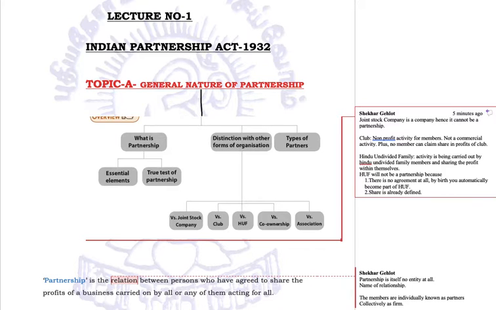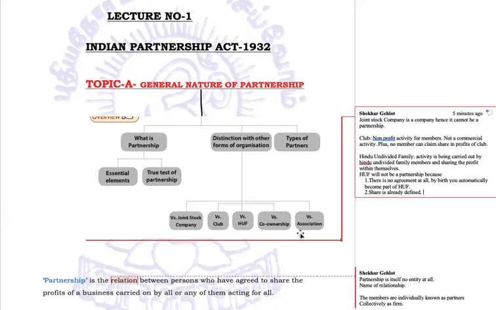Their share is defined by the share held by the father. They cannot add or reduce their share. So you totally have no control as a partner in the HUF. So you do not call HUF a partnership, because there is no agreement at all.